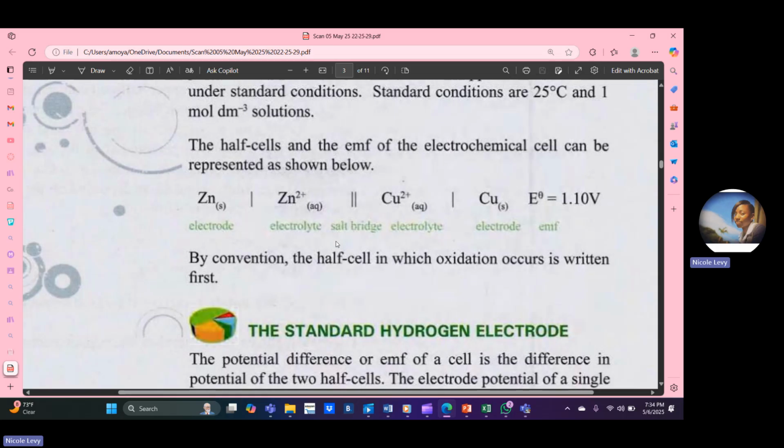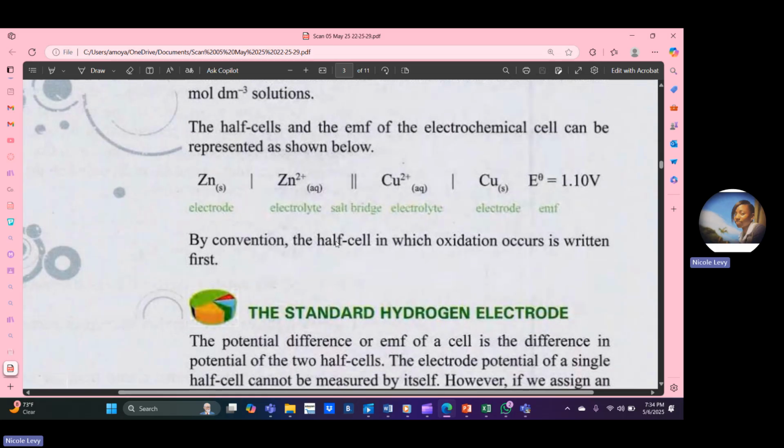All right, so the half cells and the EMF for the electrochemical cell can be represented as shown below. Instead of drawing out that big cell that we saw up there, we can just have a shorthand notation for it. The first thing that you're normally going to write is the anode. The anode is present on the left. And then this here is the wire, right? And then you're going to have the zinc ions in the solution.